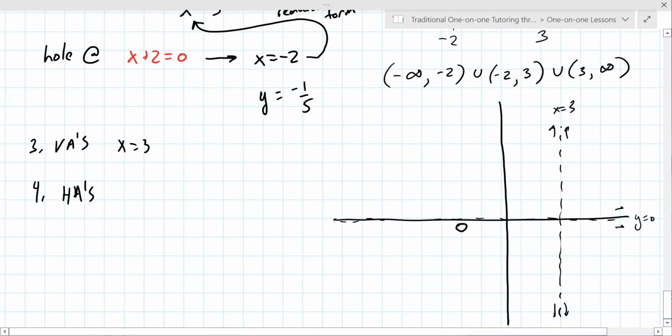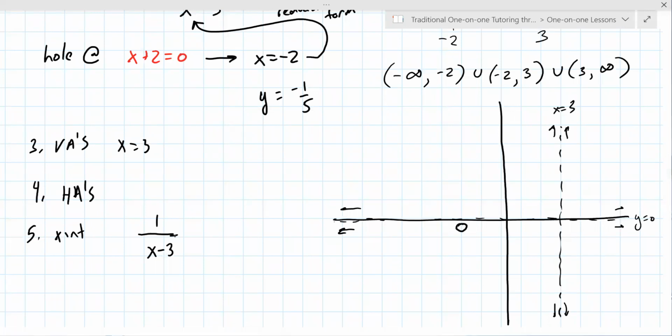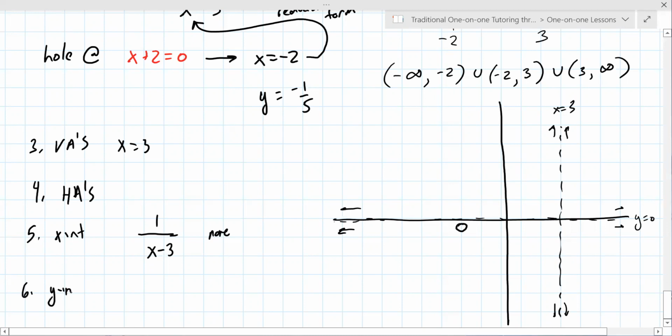Yeah. Okay. Now from here, we find the x-intercept or the y-intercept. It doesn't really matter, but you use that reduced form. So does this have an x-intercept? No, it doesn't. So there's none. Sometimes you can say NA. Y-intercept. So it'd be 0, -1/3.